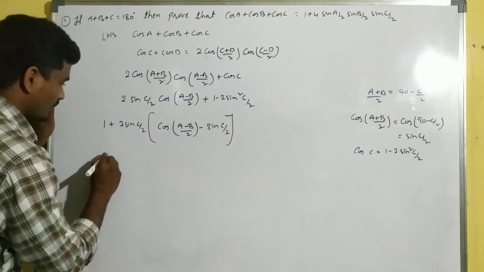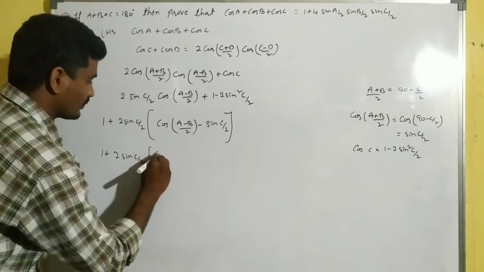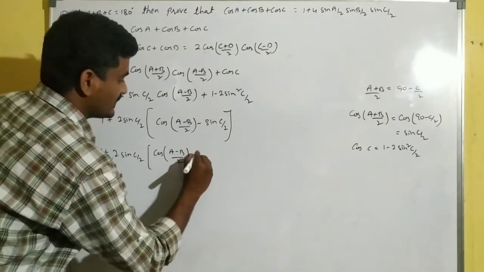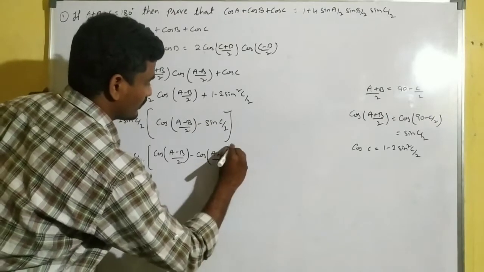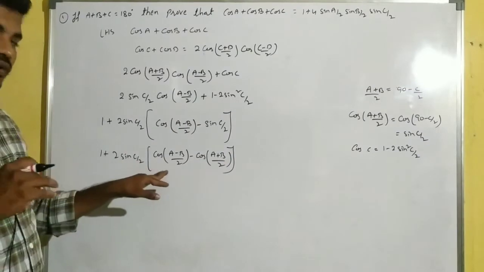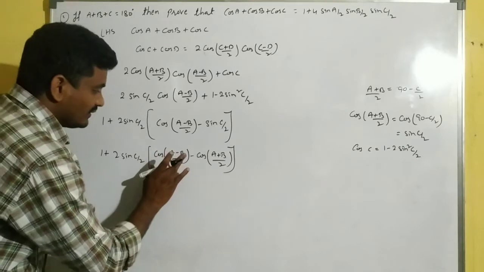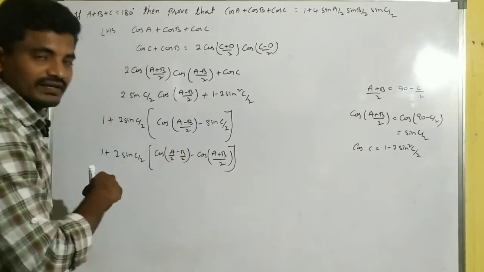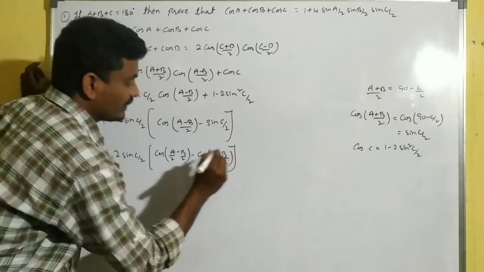Next step, 1 plus 2 sin c by 2 into cos (a minus b) by 2 minus cos (a plus b) by 2. I wrote this one. Okay, here we got one formula. When I take a minus b by 2 with separate denominators, we get by 2 here and by 2 here.